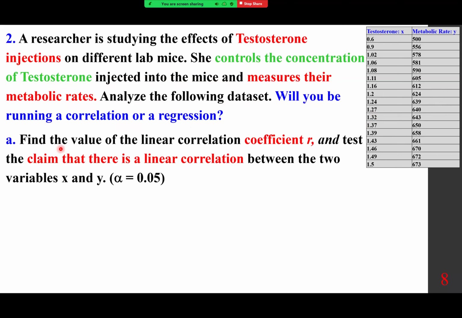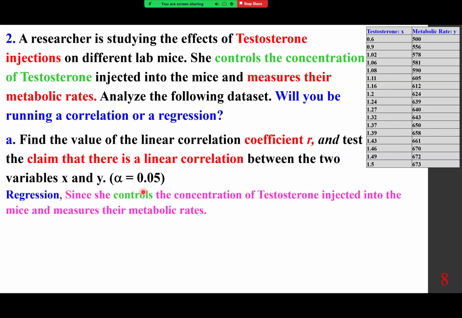Find the value of the linear correlation coefficient R and test the claim that there is a linear correlation between the two variables, X and Y. Alpha is 0.05. As I mentioned, in many cases, they may not even mention that in science. So we are going to go with regression.